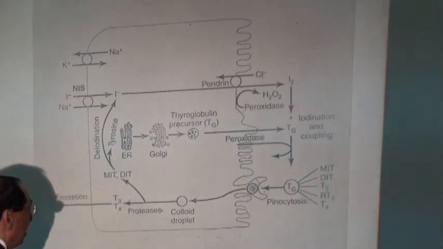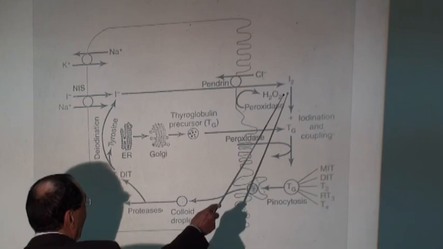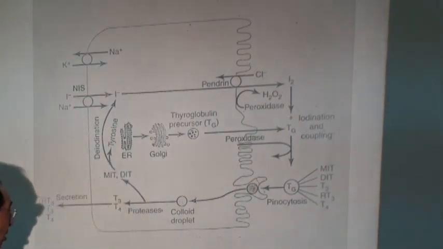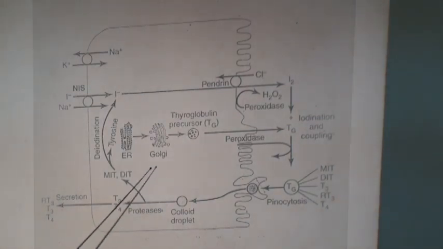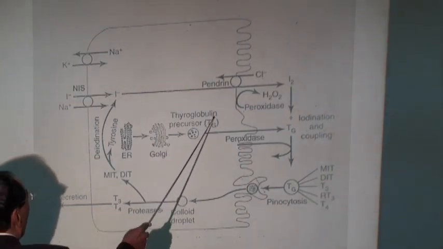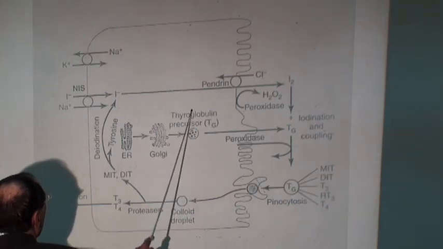Then iodine is taken inside the colloid. Iodine is oxidized under the effect of this enzyme. The epithelial cells of the thyroid produce a protein called thyroglobulin.